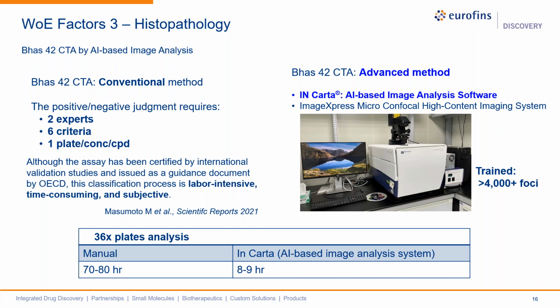This technological advancement represents a significant leap forward in our histopathology assessment capabilities. By eliminating subjective variability while increasing throughput, we can deliver more consistent, reliable evaluation. Next slide, please.